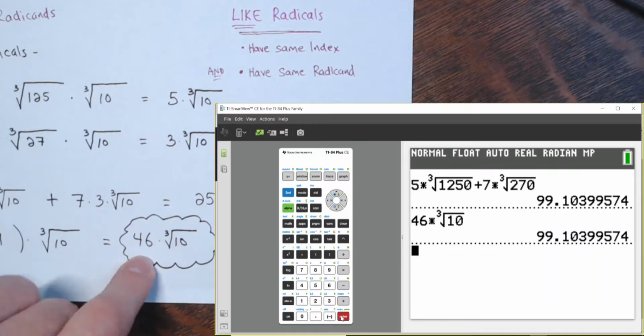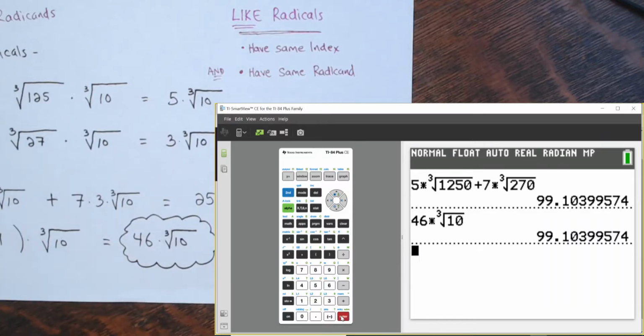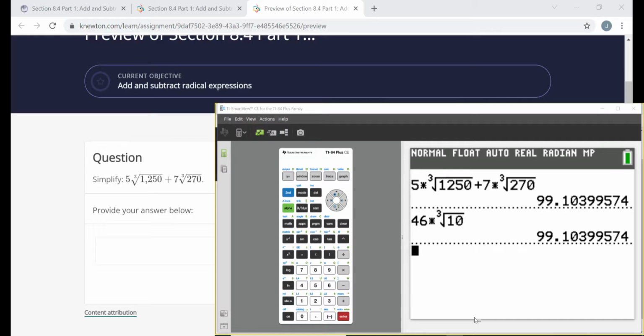And look at that, it's exactly the same number. And they should be. If you're doing everything correctly, the expression in the beginning and the expression at the end should have the same value. Okay, so let's go back and enter that.